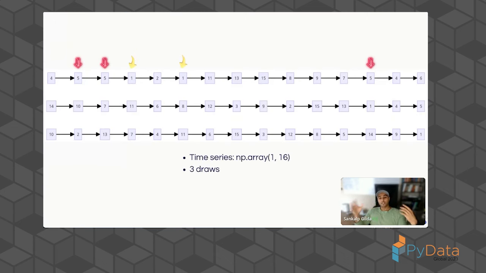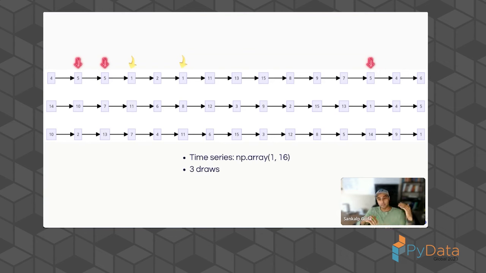So assume you have a time series where the timestamps go from 1 through 15. It's a 15-unit long time series. This slide visually demonstrates what regular IID bootstrapping looks like. So here I have 3 draws.